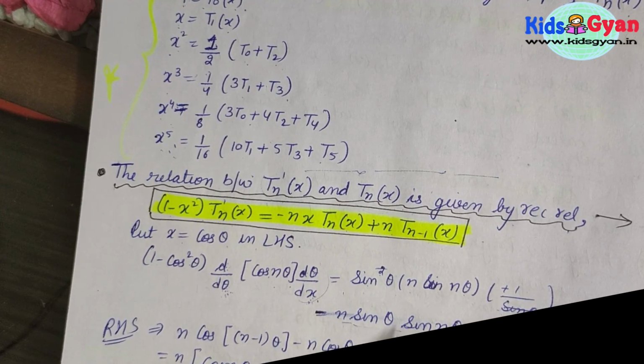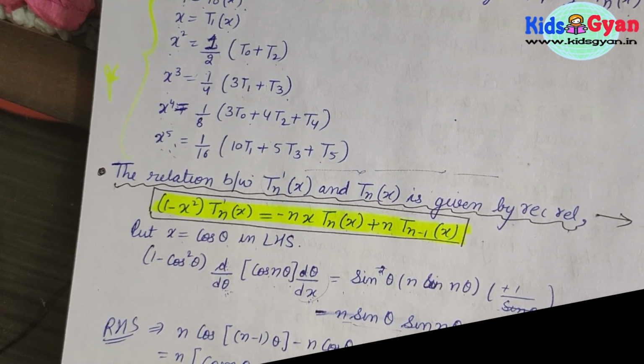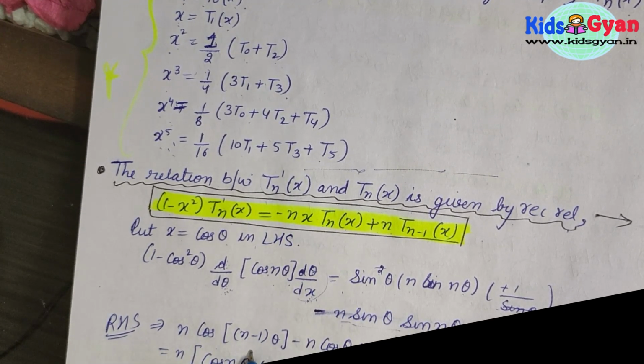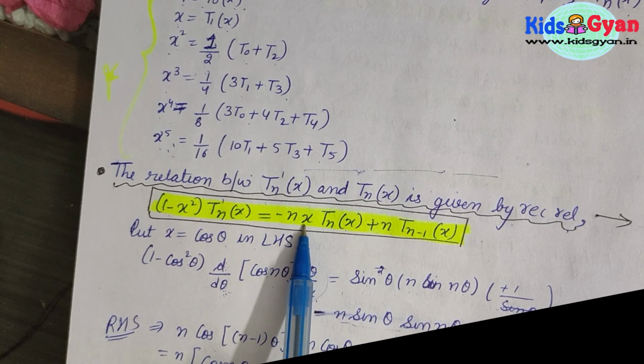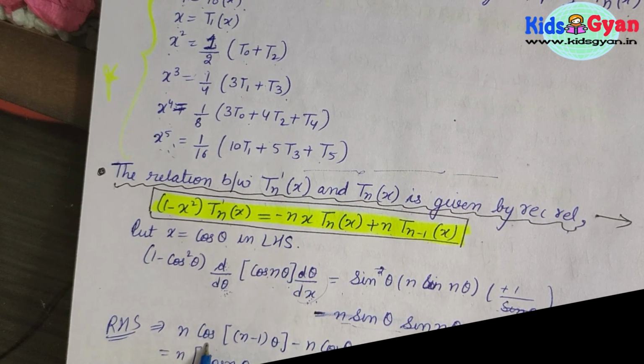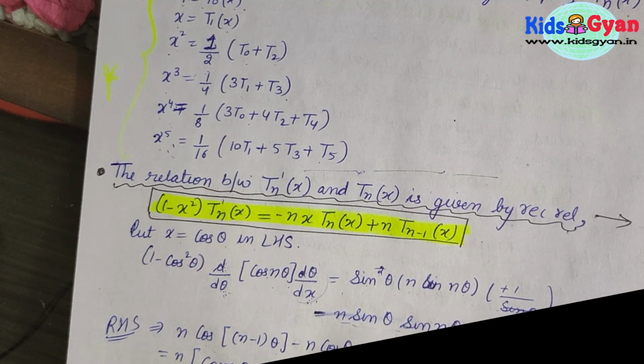So what we get is n sin theta sin n theta. Now the RHS: putting cos theta, it is n cos (n-1) theta minus n cos theta cos n theta.